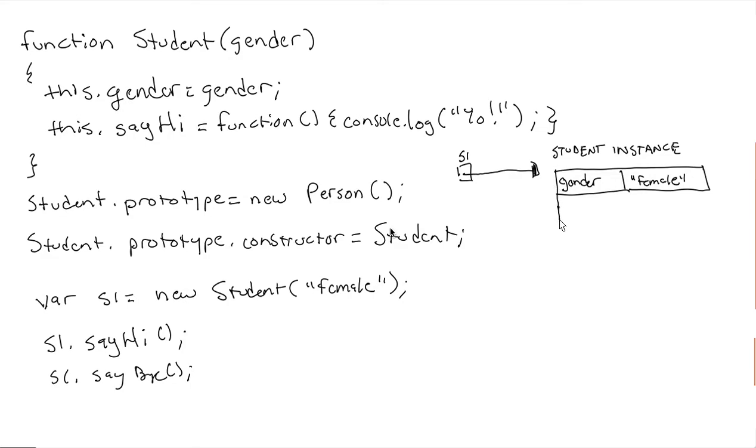It's going to have a sayHi method, and in this case it's a method that has a function in it that's going to say yo. I'm just going to make a little more space for my student instance here. And we also have not a constructor, because this is an instance, but we do have a link to a prototype, the link to the student prototype.